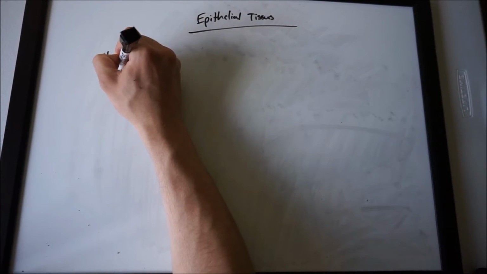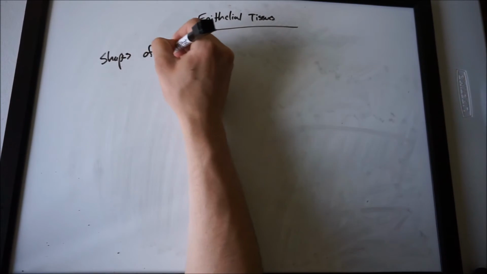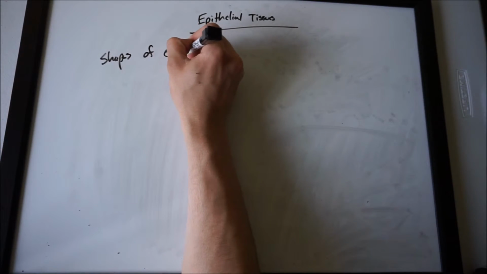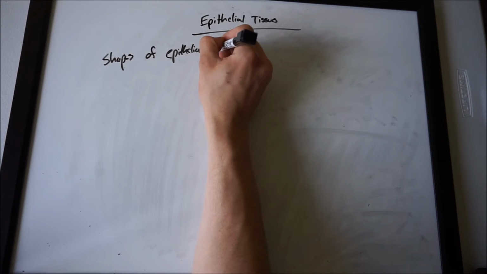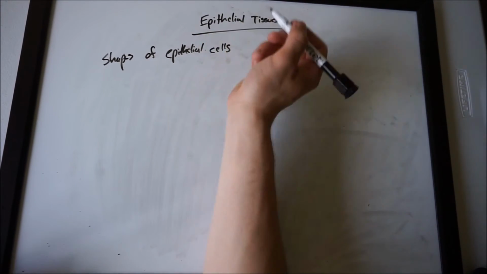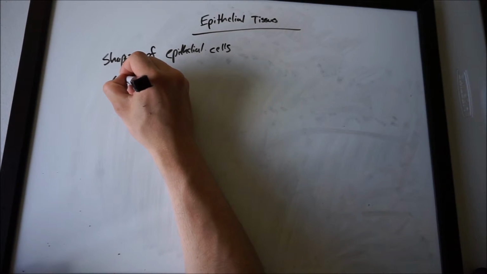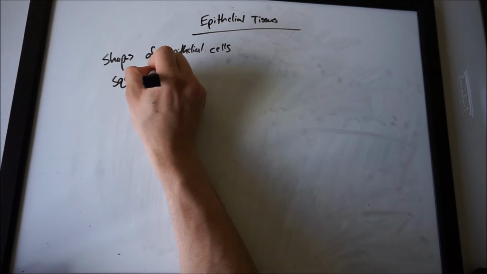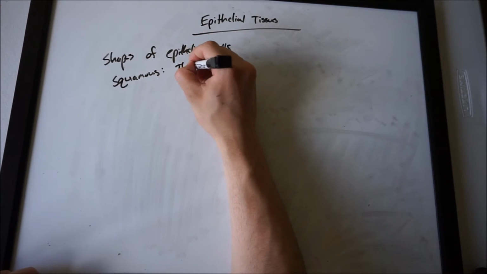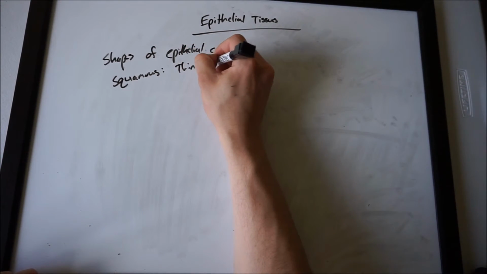So there's some different shapes of epithelial cells. There's squamous, which is thin and flat in a sectional view.